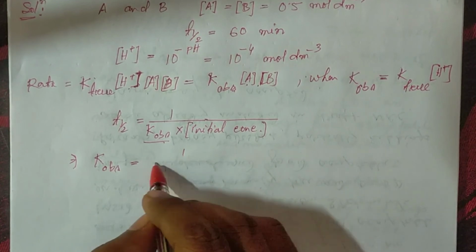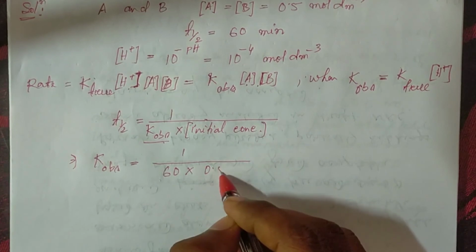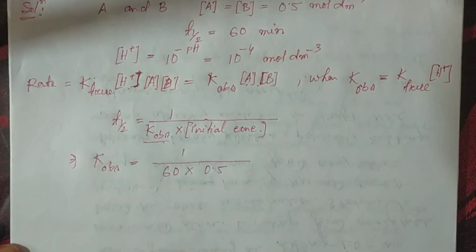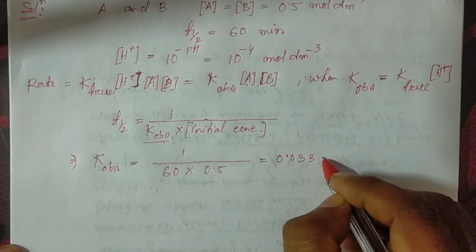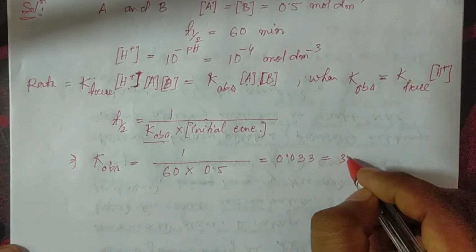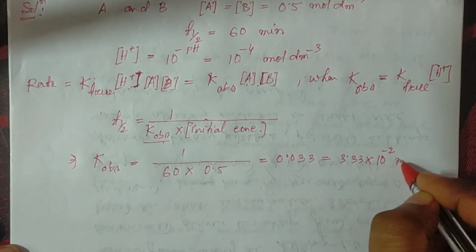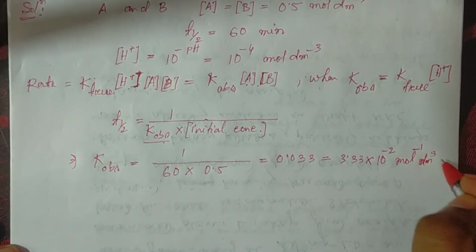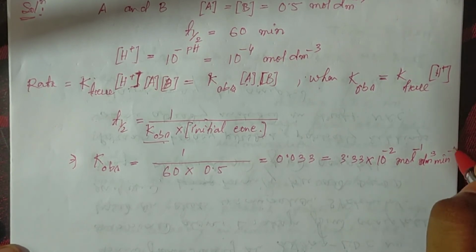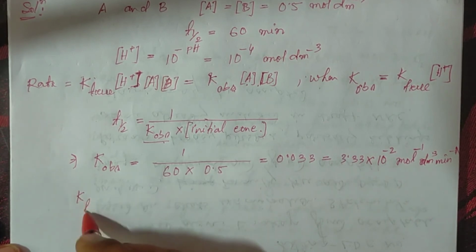So T half is 60 and initial concentration is 0.5. So this will give you 0.033, which you can write as 3.33 into 10 to the power minus 2 mole inverse dm cube minute inverse.